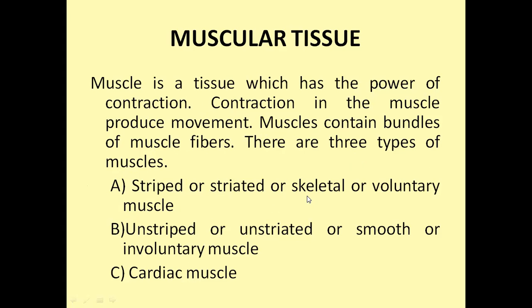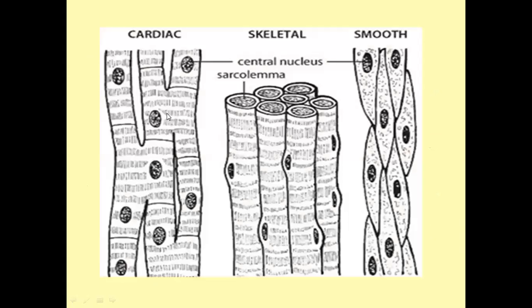Skeletal muscles are always called striated or voluntary muscles, and smooth muscle is otherwise called unstriated or involuntary muscles, and then cardiac muscle. So these are pictures of cardiac muscle, skeletal muscle, and smooth muscle.